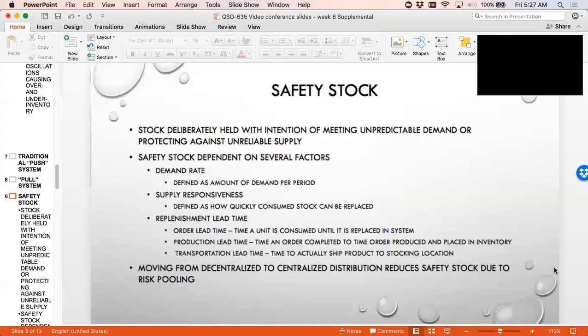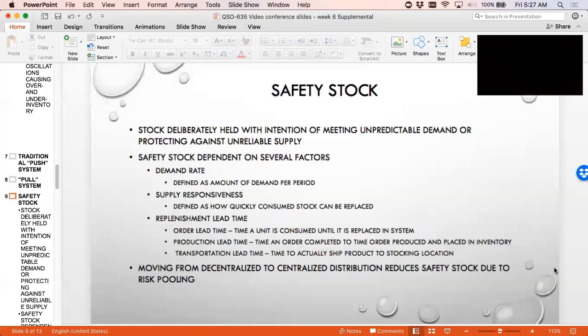So, moving from a decentralized to centralized distribution reduces safety stock because of risk pooling. Once again, in my experience, this isn't always true because you always find outliers. A centralized distribution system has higher variation in general, because the goal of a pull system is to reduce variation within it.